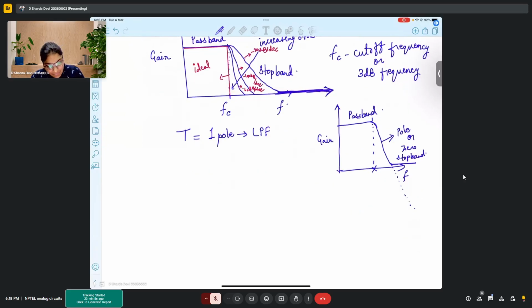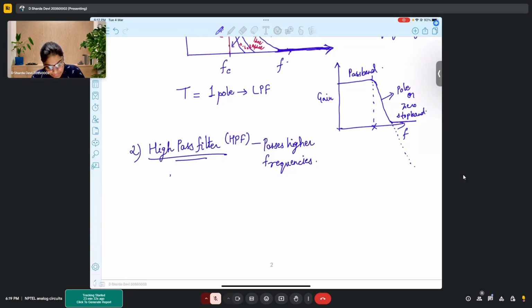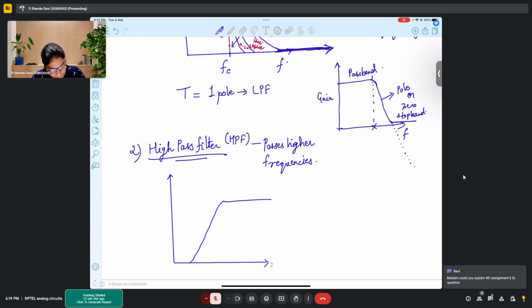Now after the low pass filter, we have the high pass filter. A high pass filter, as the name suggests, will pass higher frequencies and block the lower frequencies. Its frequency response is just opposite to that of the low pass filter. So at higher frequencies our gain stays constant, and at lower frequencies we see a fall.